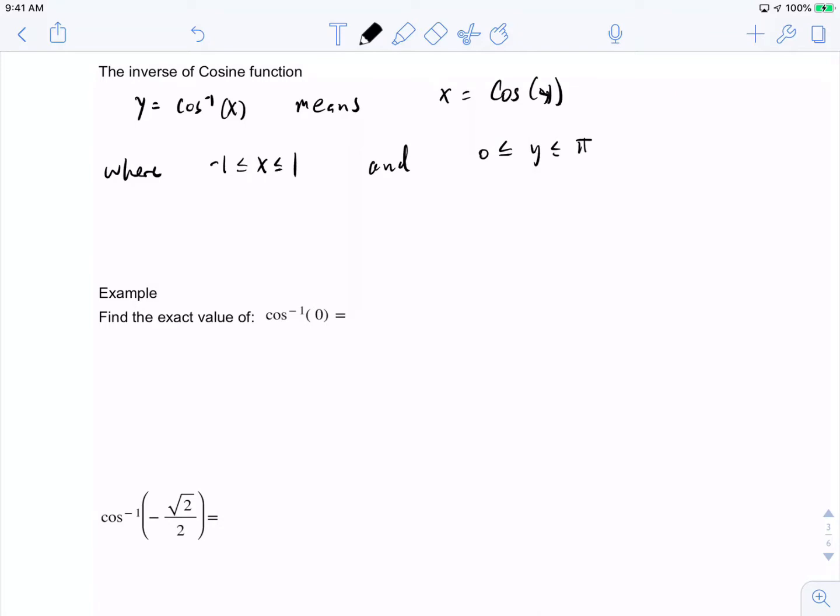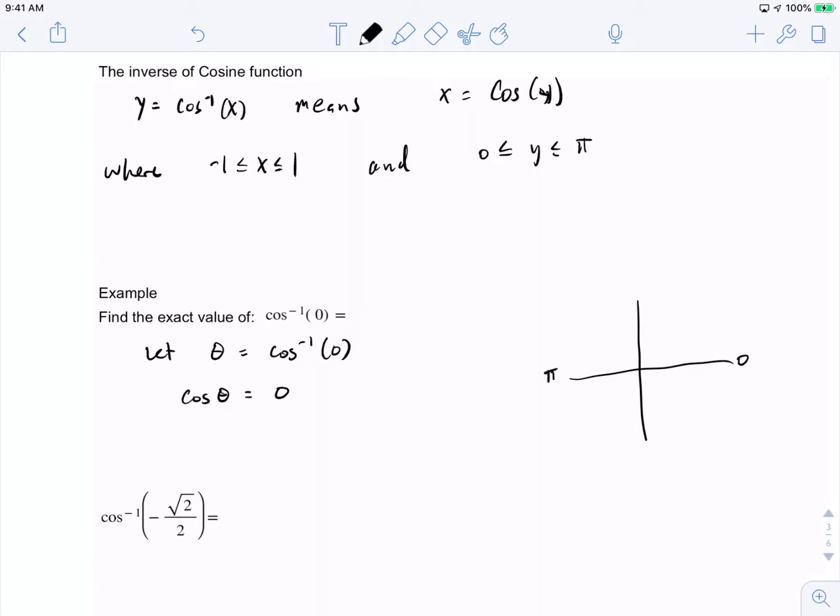So when we solve this first problem, we're going to do very similar to the sine inverse problems that we did. We're going to let theta equal cosine inverse of 0, and then taking cosine of both sides, we can get cosine theta is equal to 0. And then we need to look. So if we look at a graph, we're going from 0 to pi is our restriction.